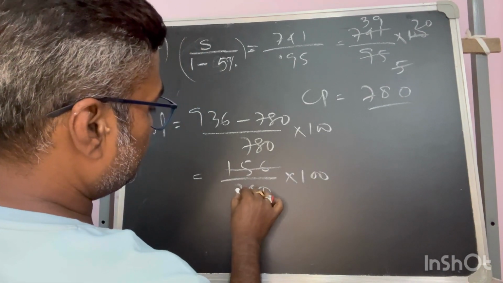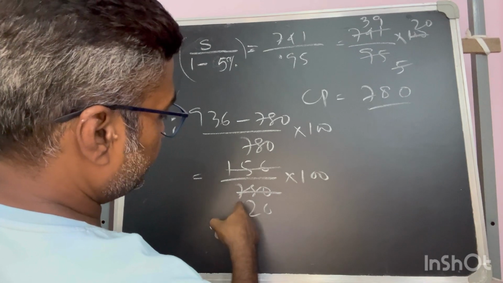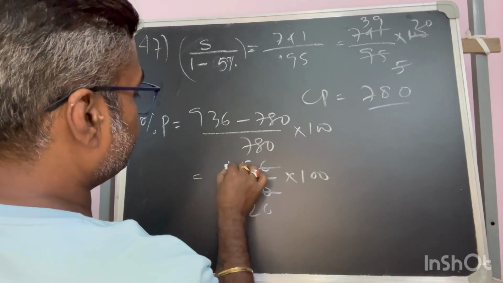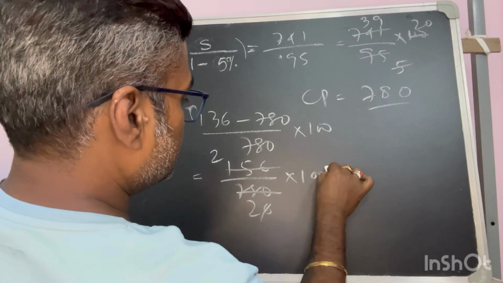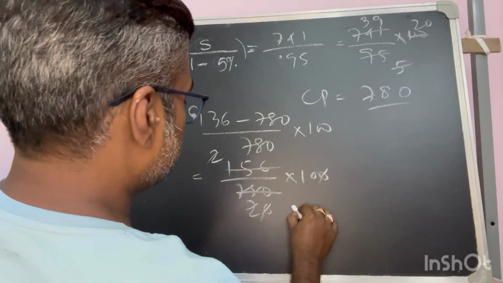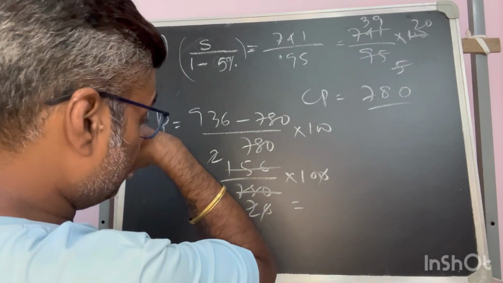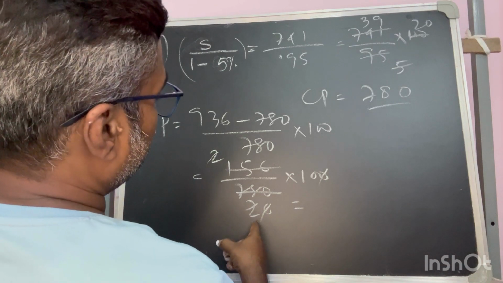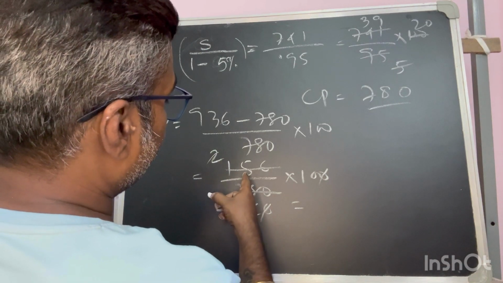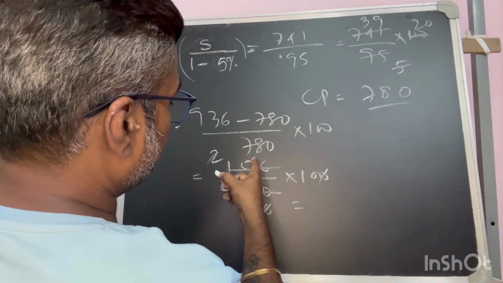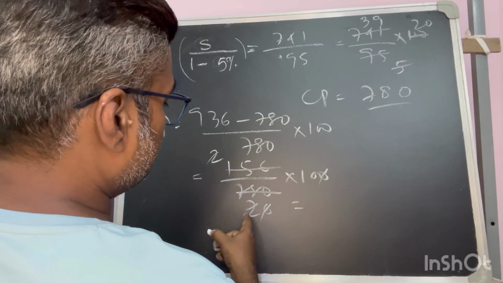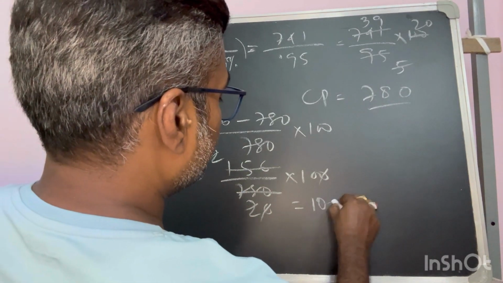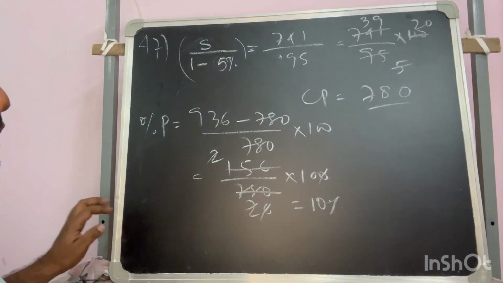Now if we reduce it by 78, this will be 20, and this will be 2. The 2 will be cancelled out ultimately. 10% will be the answer.